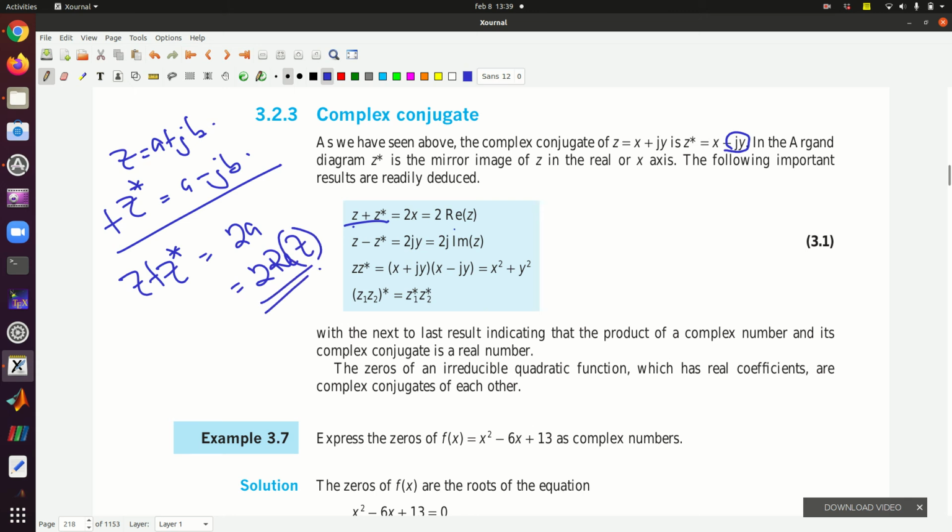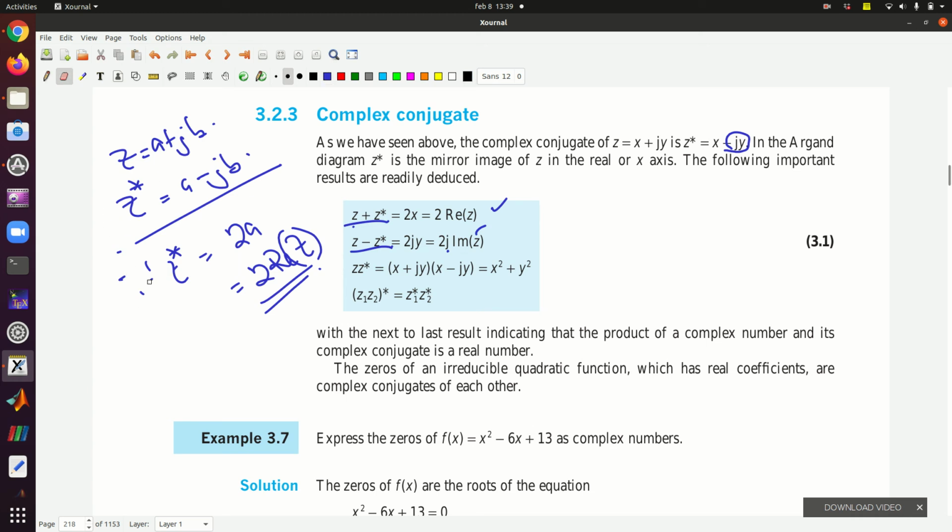And then z minus z star is going to be 2j times the imaginary part of z. Remember, the imaginary part of z is simply just the figure here.